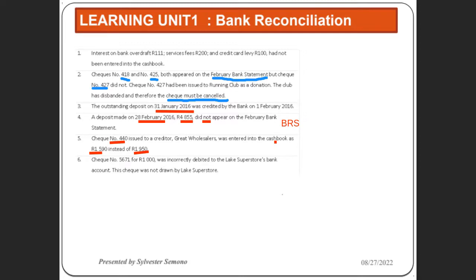The question is, is this overstated or understated? Understated, sir. So when it's understated, where will I record it? Will I record it in the same book where I understated or in an opposite book? The same book. In this case, cash book payment, CBP.